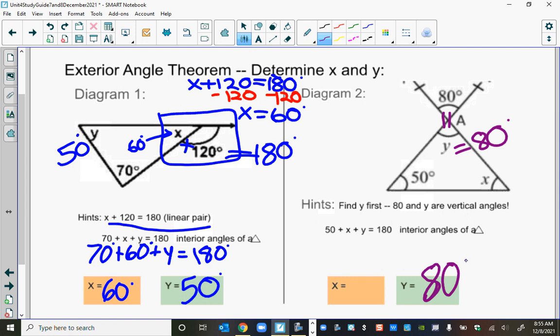All right, now we have an 80 and a 50. Can we get the x value? Can we figure out x? What is it? You can tell us. I have a 50. It's an x plus an 80 equals 180.